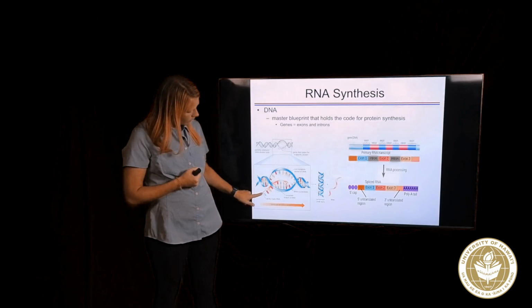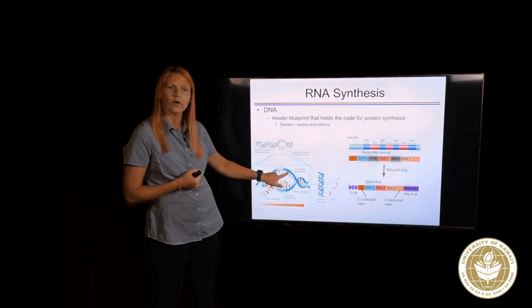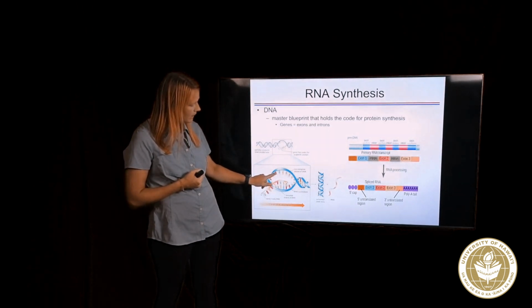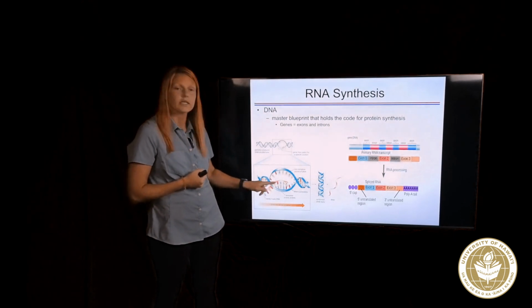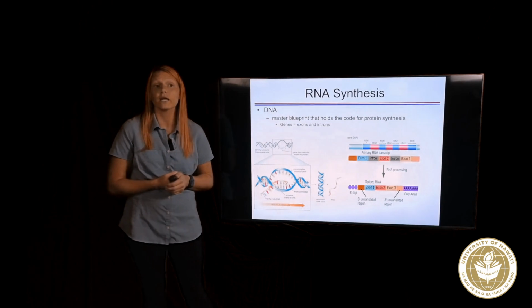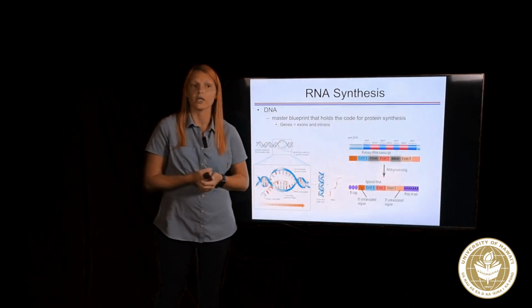This strand of mRNA should be exactly the same as this non-template or informational strand, with the exception, obviously, that thymine is in this non-template strand, and uracil is going to be in the mRNA strand. So again, that's going to be the difference between your mRNA and this informational or non-template strand.